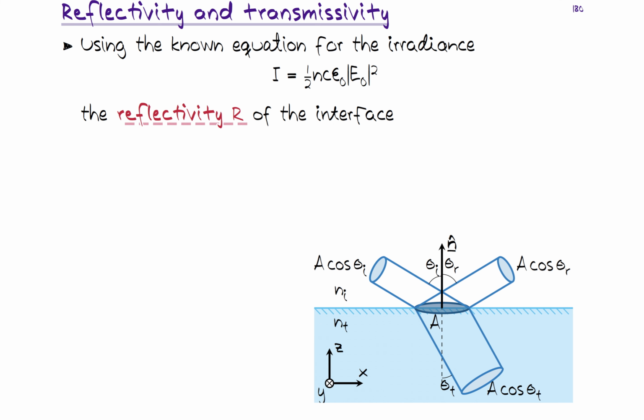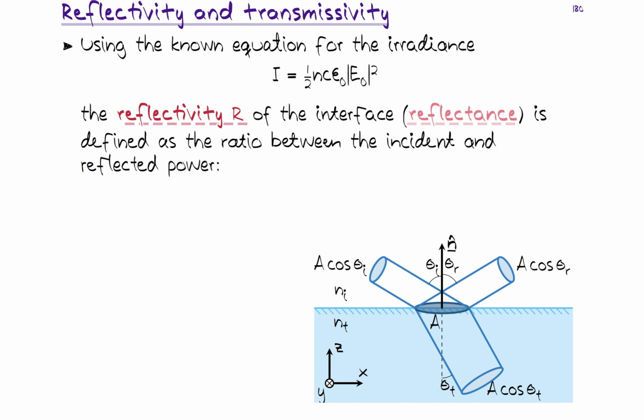The reflectivity, capital R, of the interface, also known as the reflectance, is defined as a ratio between the reflected and incident powers. This is actually a power because we are multiplying intensity with the cross-sectional area here.